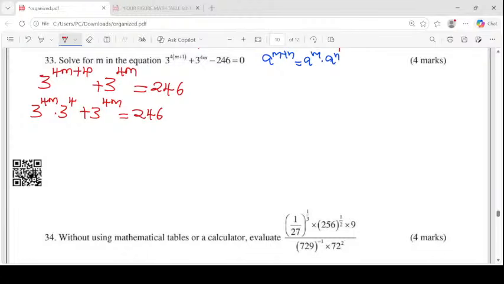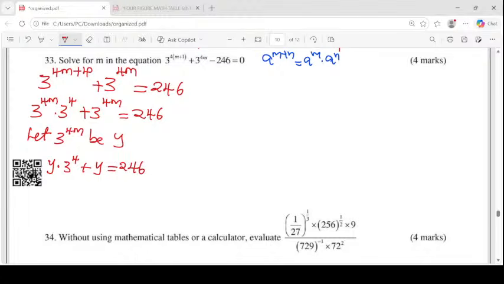Upon reaching there, I can now say let 3 power 4m be, say, y. So I'm going to have y multiplied by 3 power 4, plus 3 power 4m, which is my y. This should give me 246.